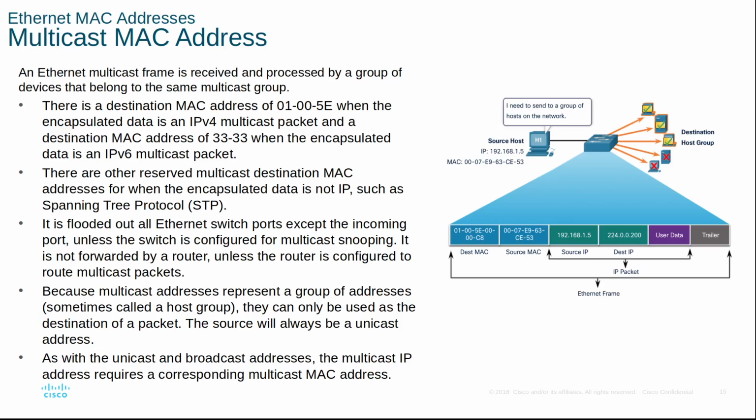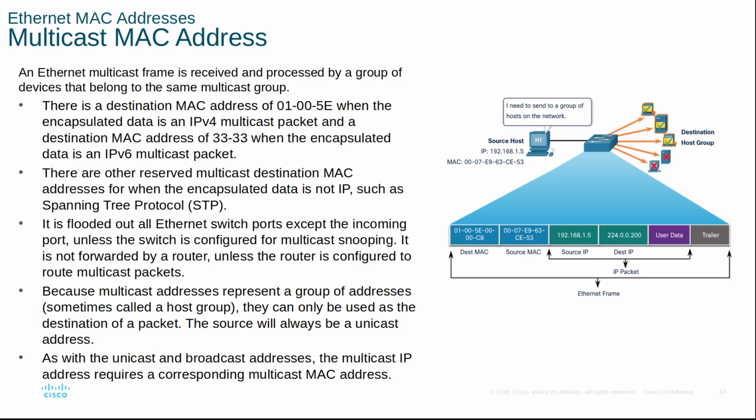And multicast MAC addresses are flooded out all switch ports except for the incoming port, unless the switch is configured for multicast snooping. These also won't get forwarded by a router unless you configure the router to route multicast packets, which you could do.